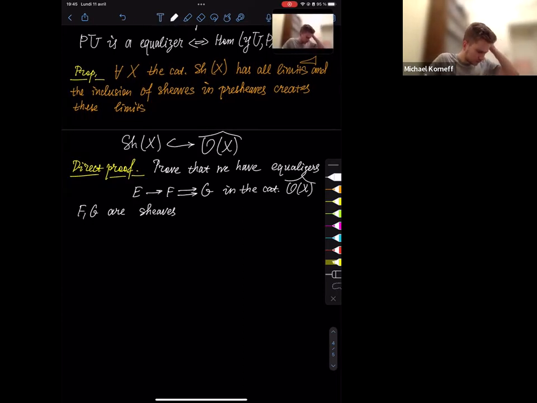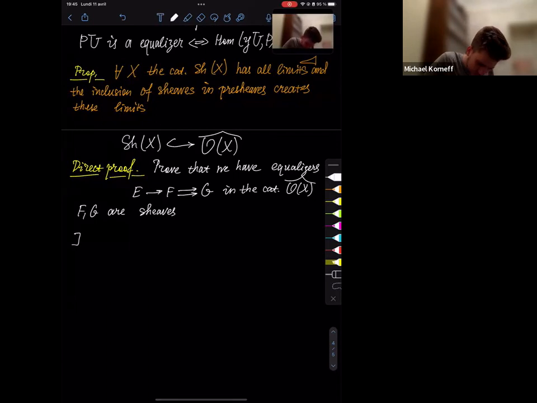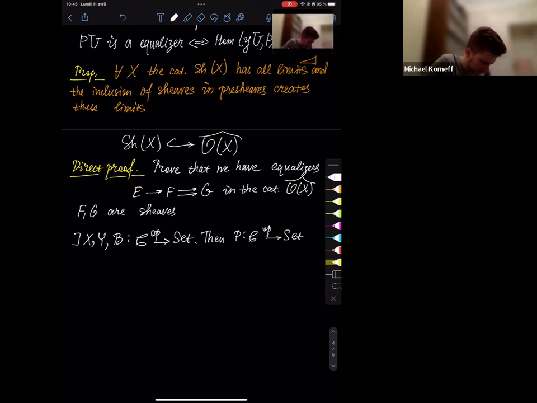Then let's construct pullbacks pointwise. What does it mean? If we have functors, presheaves X, Y, and B, then we can form a pullback pointwise.